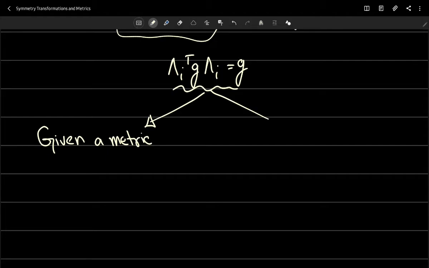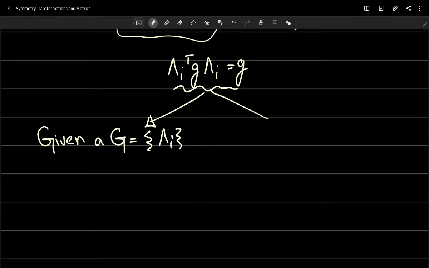The first one would be that you are given some group G, which is a set of these lambda I matrices.